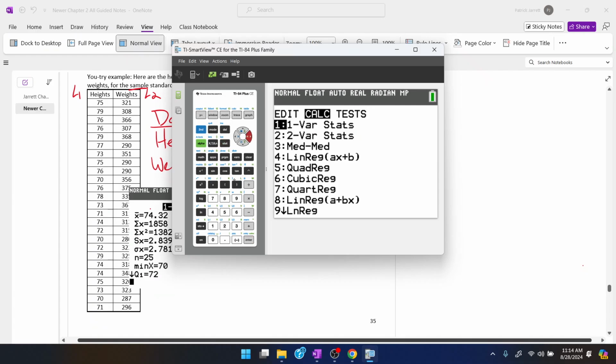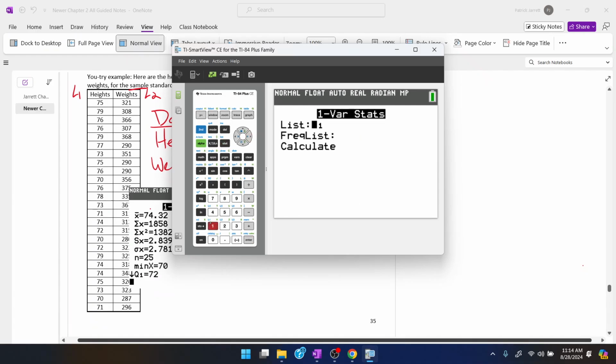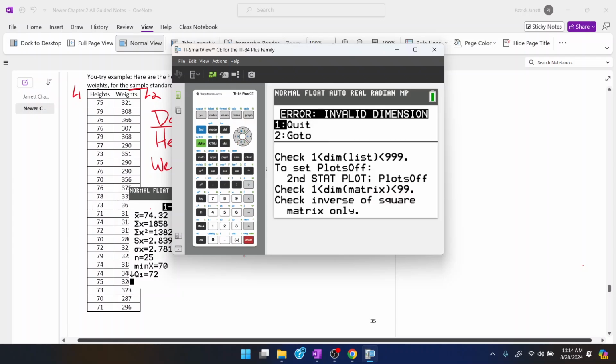We're going to go to Stat and choose 1-Var. Now, I'm about to do something incorrect here. I want list 2, so I do this, and when I go to calculate, I'm going to get an error.